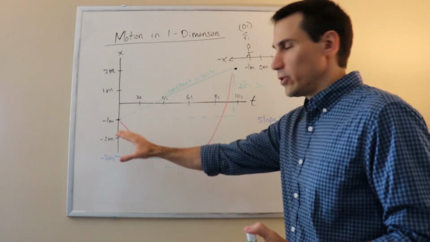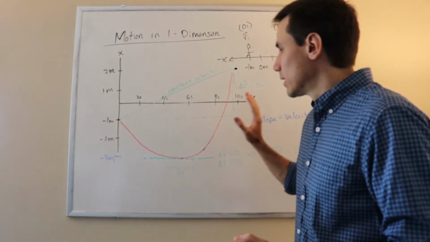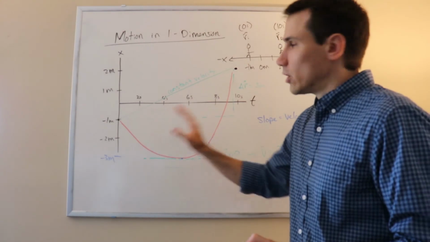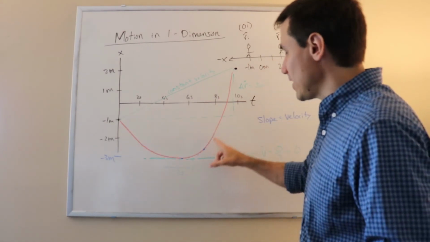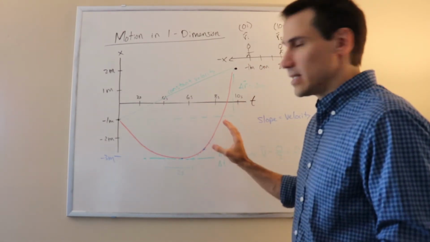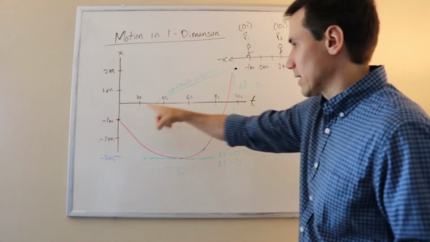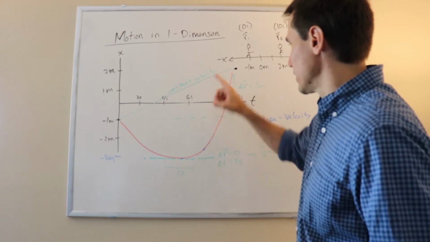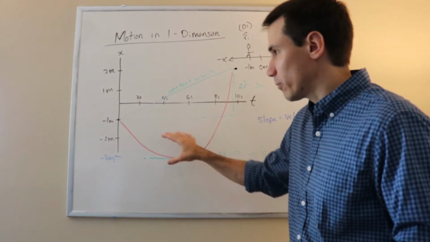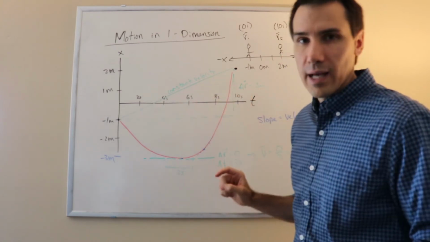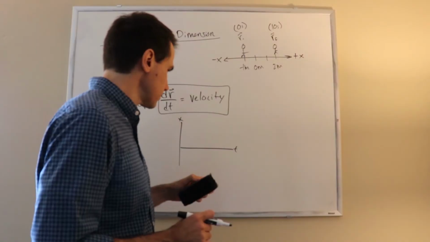At any given moment, you can take this slope and find the velocity of your curve. Notice that along this curve, the velocity is almost never equal to the average velocity that I would find just by doing delta r over delta t. My slope is very different from my average velocity.